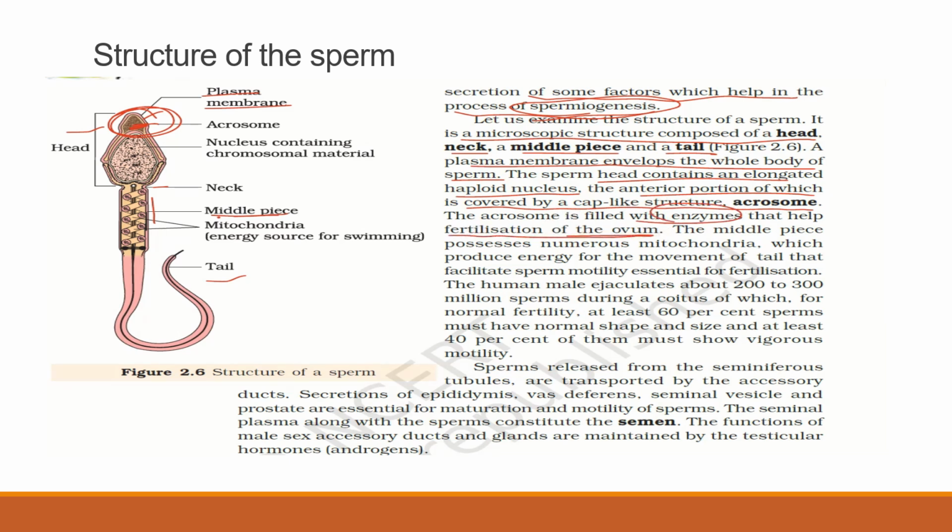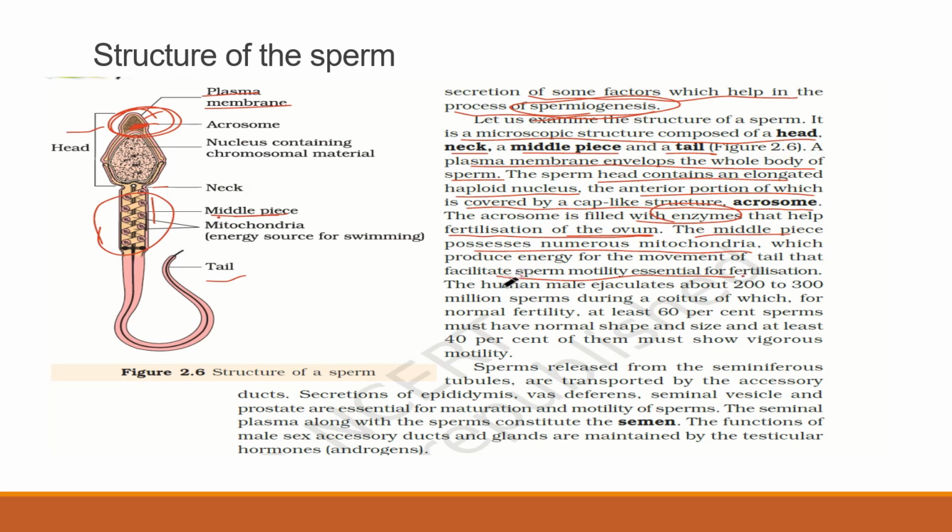So when the sperm is going to fertilize the ovum, the acrosome tip, which has enzymes, reacts on the ovum and fertilization happens. The middle piece possesses numerous mitochondria, which produce energy that facilitates the motility essential for fertilization.